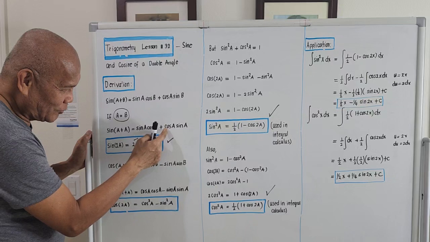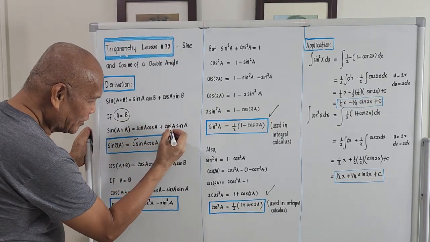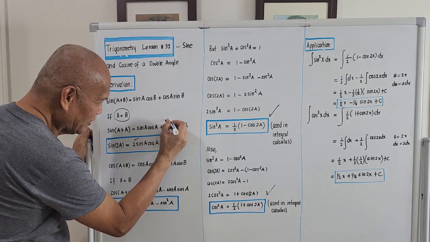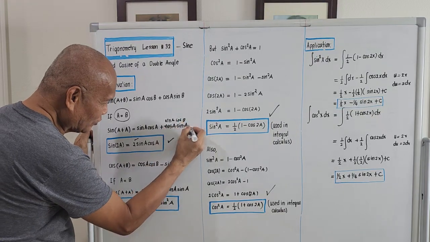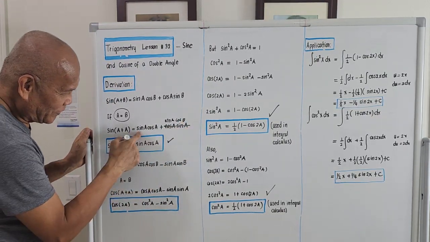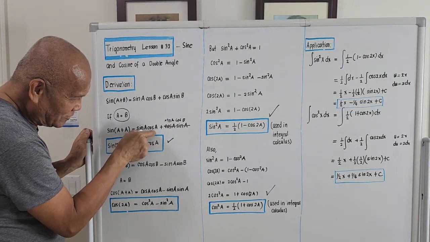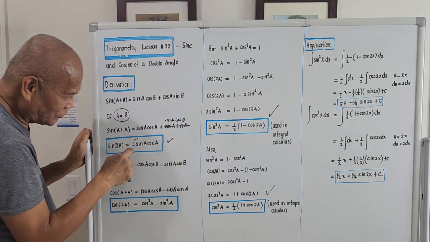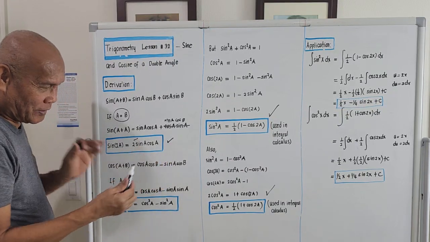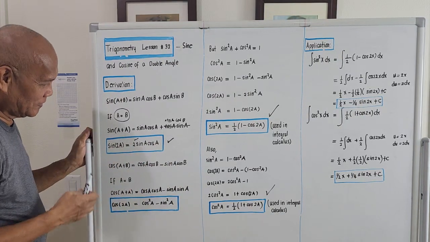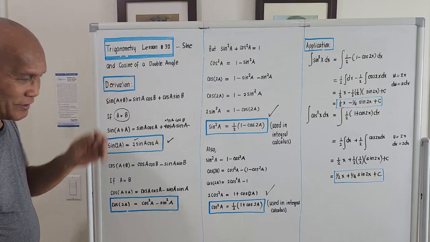This one, cosine of A is just ahead, but the operation is multiplication. So we could rewrite this as sine of angle A cosine of angle A. Sine of A, cosine of A, one term, another term, so this is 2 terms on the right: twice sine of angle A, cosine of angle A. And for the left-hand side, A plus A is 2A.